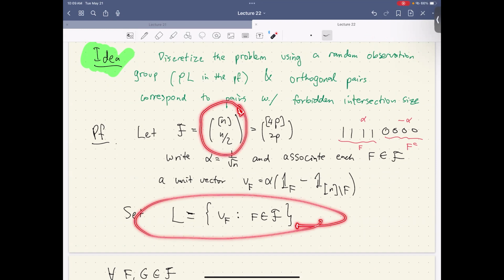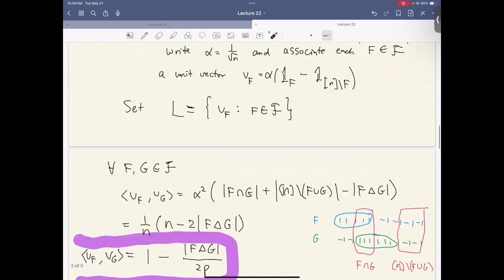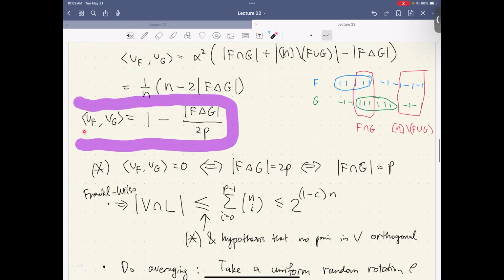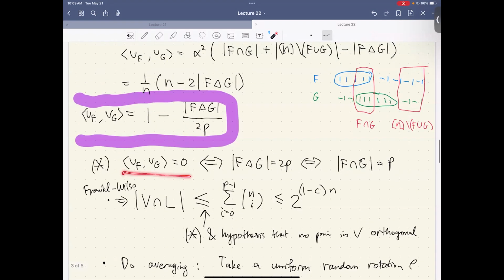So that's the right size we want. And we can write down when exactly they are orthogonal, right? They are orthogonal exactly when their intersection is p.